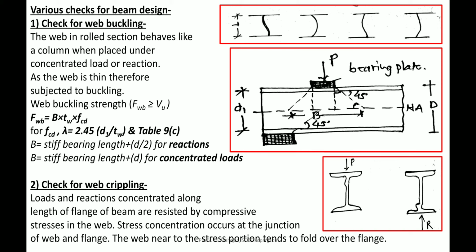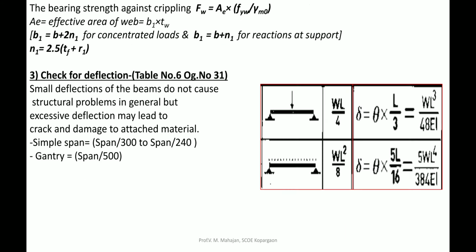The web near the stressed portion tends to fold over the flange. Next we find the bearing strength against crippling, denoted by F_w, which is also F_wc, where C is crippling, W is web, and F is the strength.